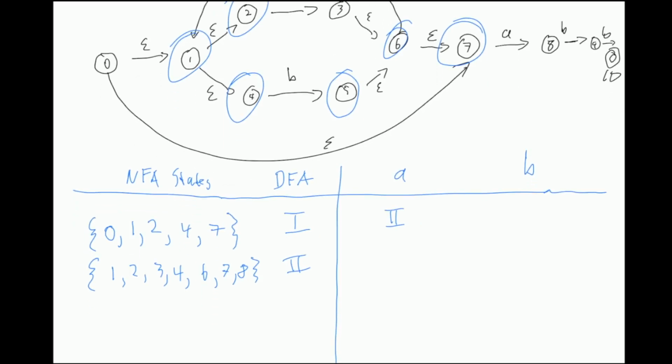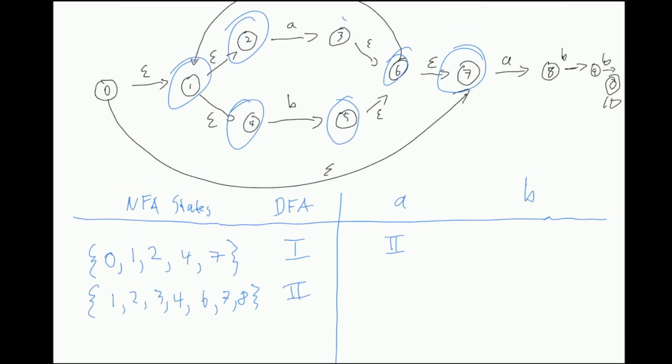Questions? So now we've seen a new subset of states: 1, 2, 4, 5, 6, and 7. Let's call it Roman numeral state 3.